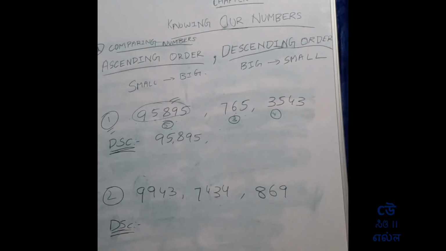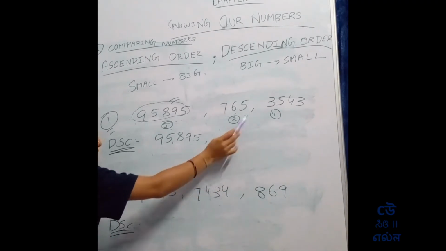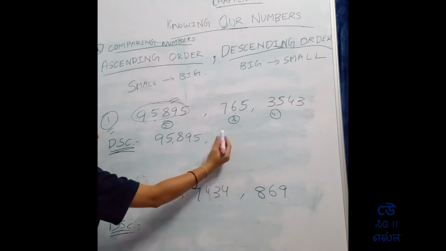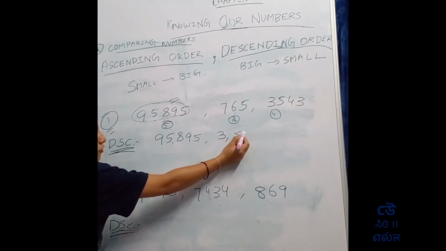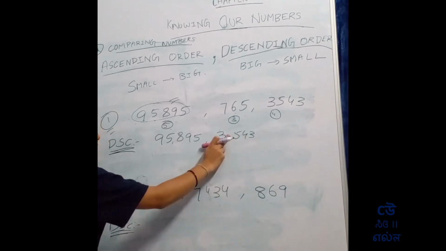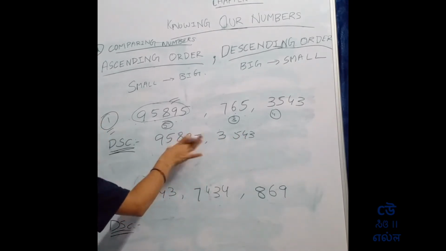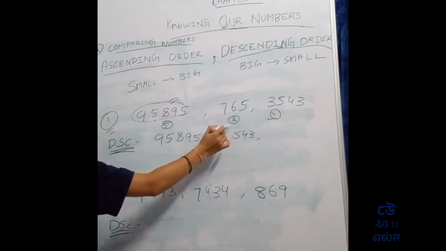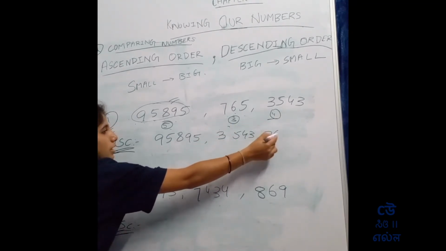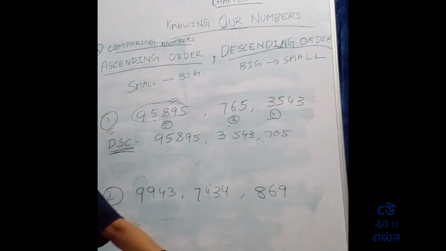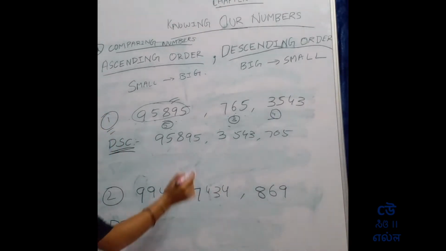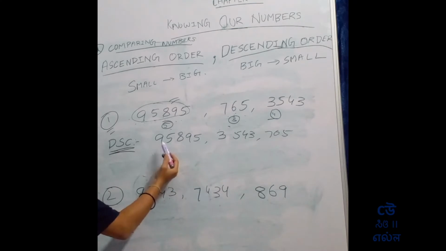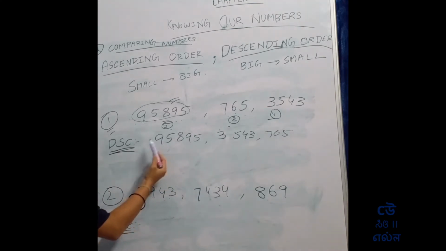Which is the greatest among these two numbers, 3 or 4? 4, so you write that next: 3,543. Don't get confused with the commas. This is also done, and the remaining one you write next. You found out how to write from greatest to smallest.